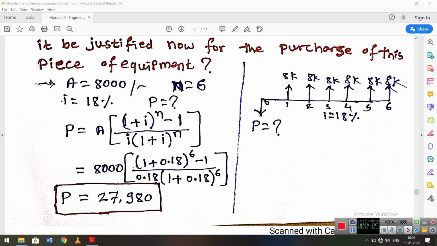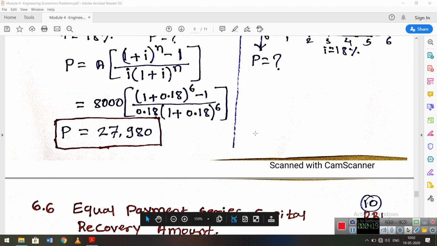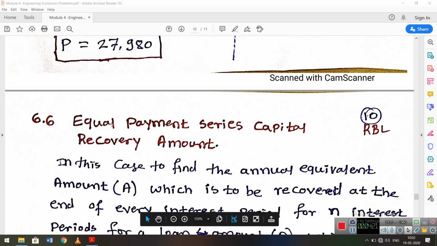That comes to 27,980. This equipment saves 8,000 rupees, and at the same time it earns interest of 18%. Next, equal payment series recovery amount.